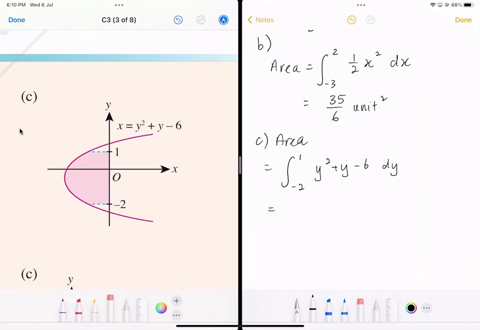You will get a negative 33 over 2. You put a modulus and it becomes 33 over 2 unit square. So remember I told you on the left side, you get a negative answer.